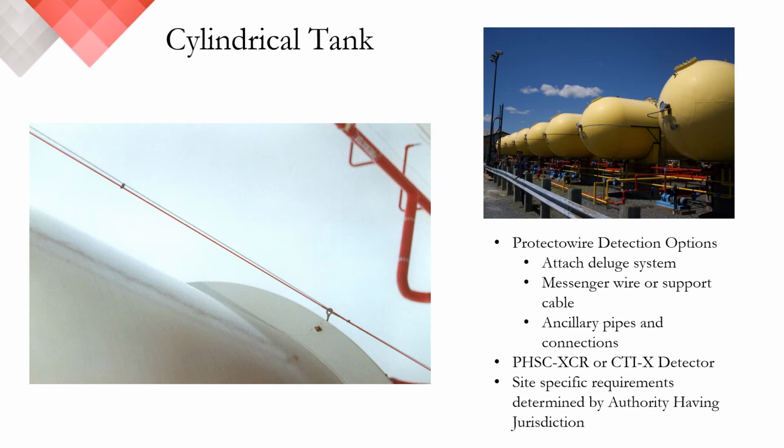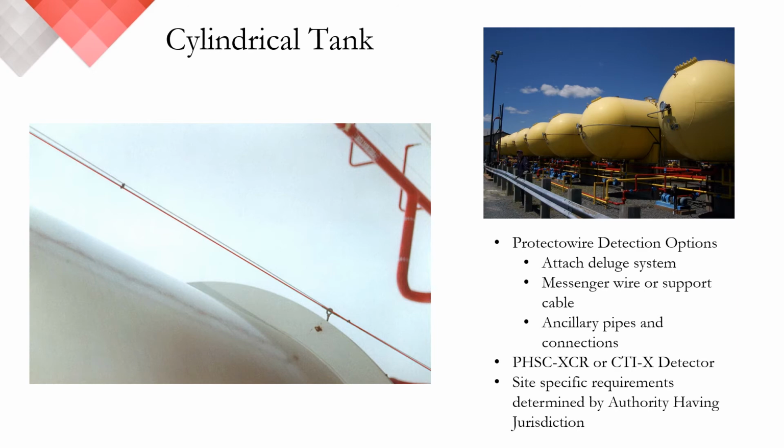The picture over to the far right shows a maze of connection pipes, which is also a fantastic application for Protectowire. We actually manufacture Protectowire with a messenger wire. It's a 0.034 316 stainless steel. This photo actually is aircraft cable by others with Protectowire attached to it, but just to put it out there, we do offer a messenger wire that is wrapped around the detector at the factory, and it's connected via eye bolts and turnbuckles.